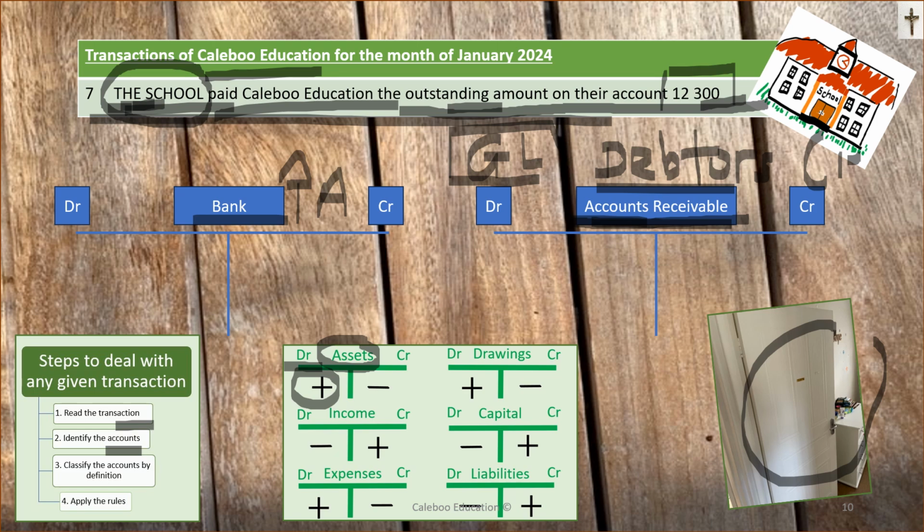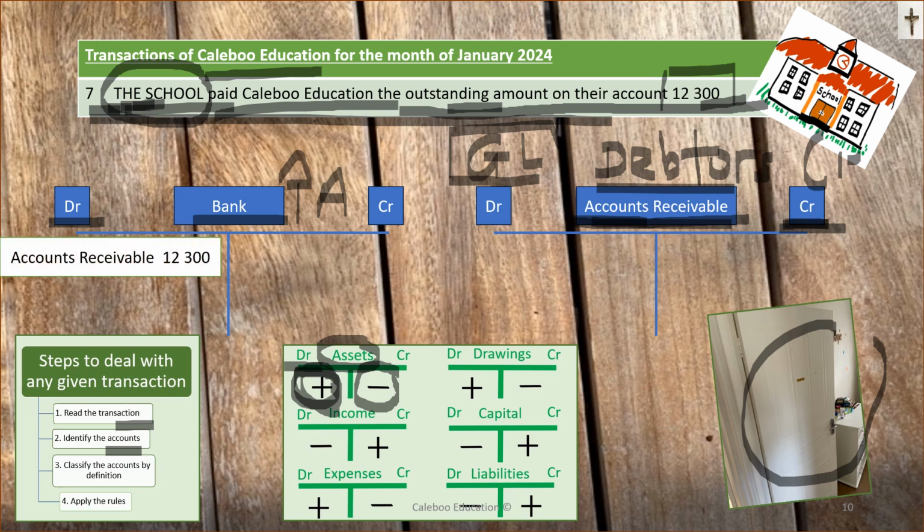Now what has happened is the bank balance increased, so the account bank will be debited. But on the other hand, the debtors, this debtor, the school, owes less. It's a decrease in assets, and the rule says credit.